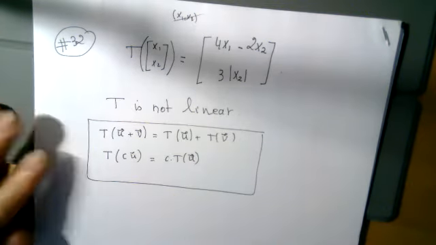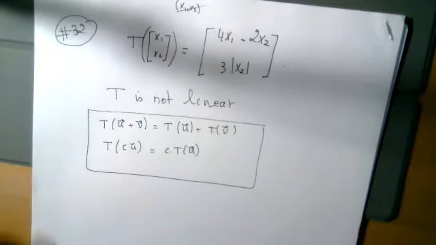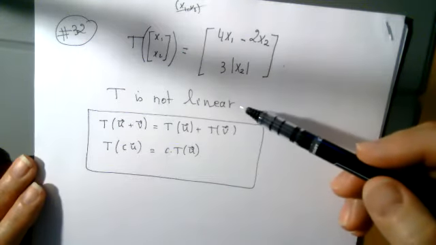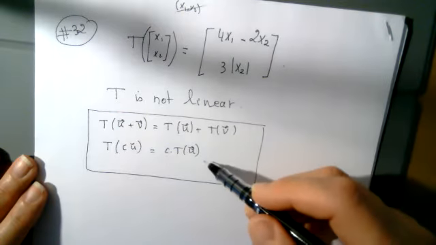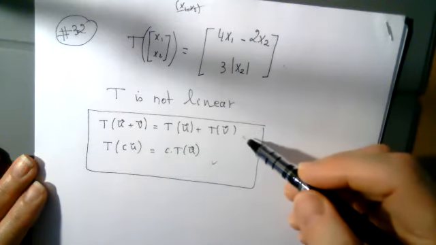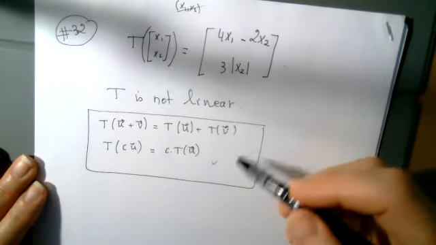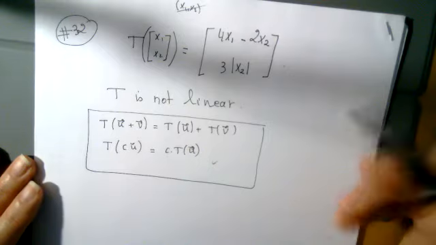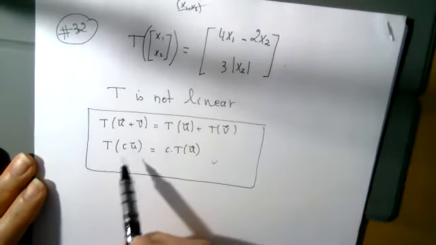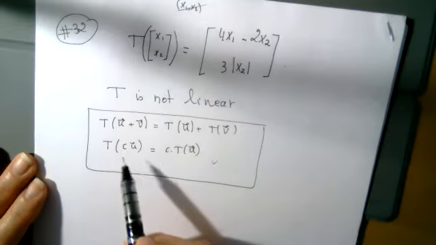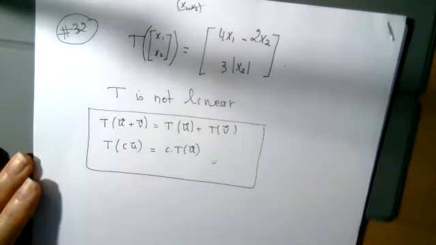To show that T is not linear, we have to convince me that either this property failed, usually it's easier to start here, or this one failed. You can do that by giving me an example. It means giving me a vector u, a scalar, and showing me that this property failed.